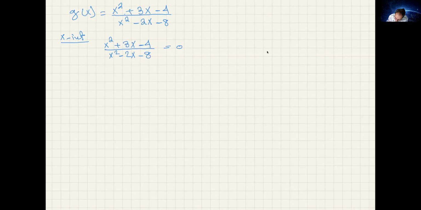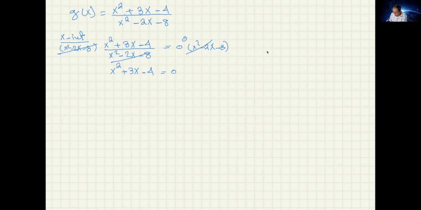I multiply both sides by the denominator, x squared minus 2x minus 8, and the denominator cancels out, so I have x squared plus 3x minus 4 equals 0.